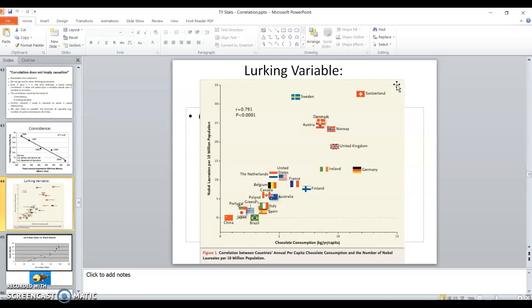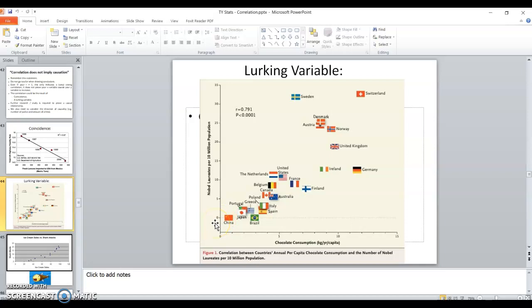It could be coincidence, I don't know, but I think what's going on here is the lurking variable of how rich the countries are. So basically how rich the countries are causes both of these to go up. So we call that a lurking variable. It's causing both our variables to increase. So the richer a country is, chocolate's a luxury product, so the more chocolate the countries consume.